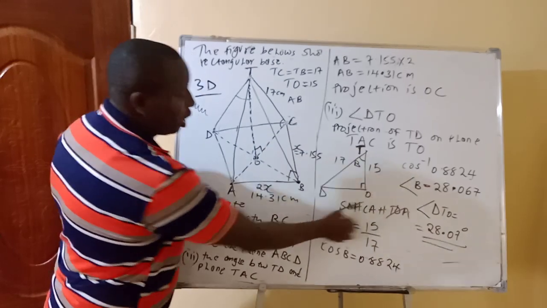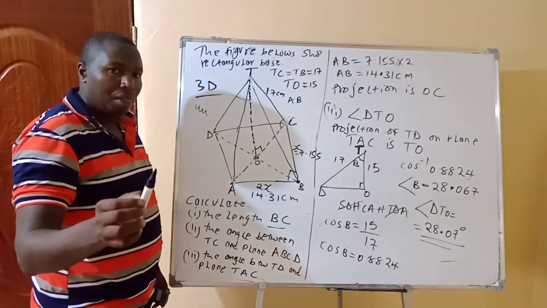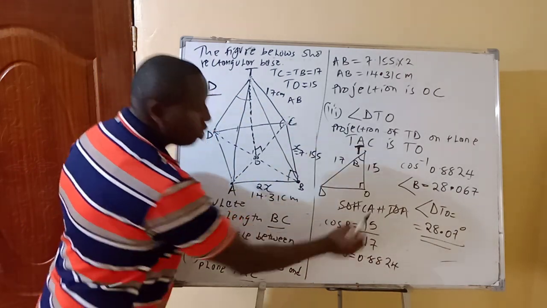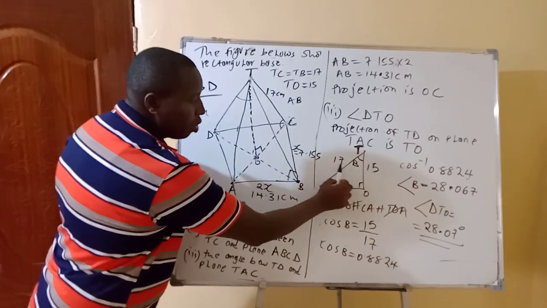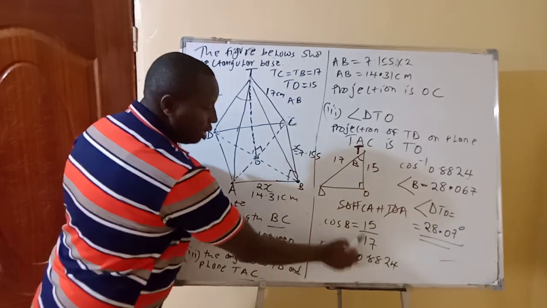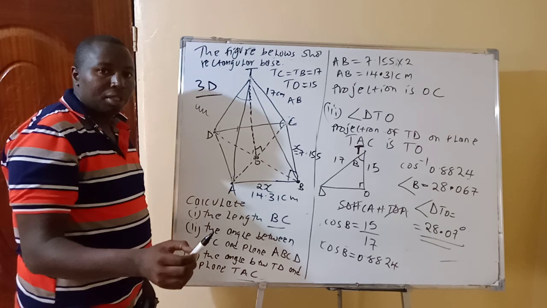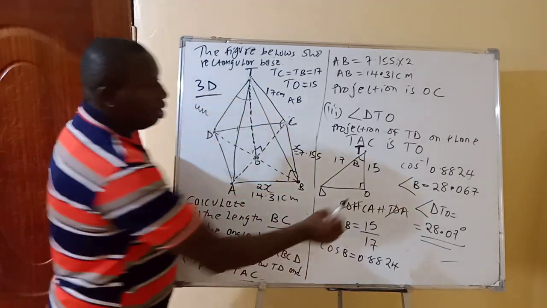When you write SOH CAH TOA, the 3 trigonometric ratios, you choose which one to use. In this case, because we don't have the opposite, we use cosine. You say cosine B is equal to adjacent 15 over 17, which gives 0.8824. Then to get the angle, you say cos inverse.